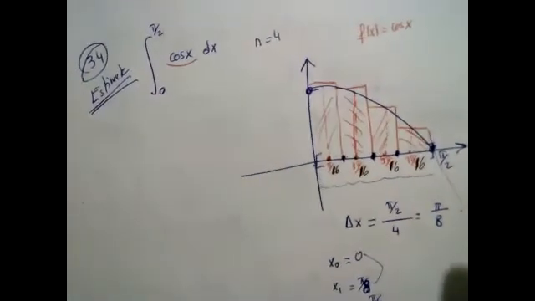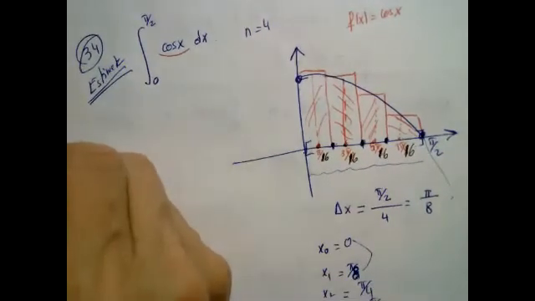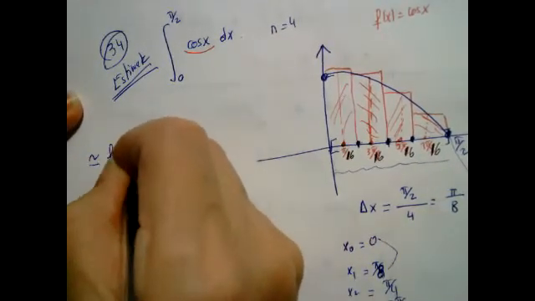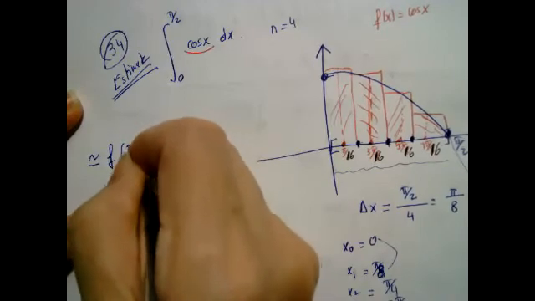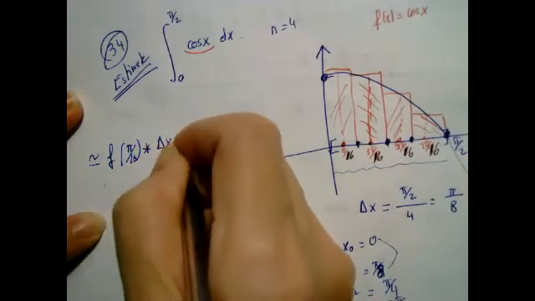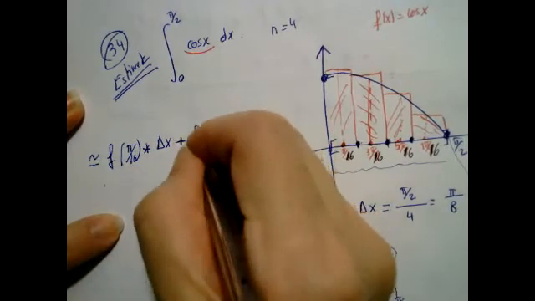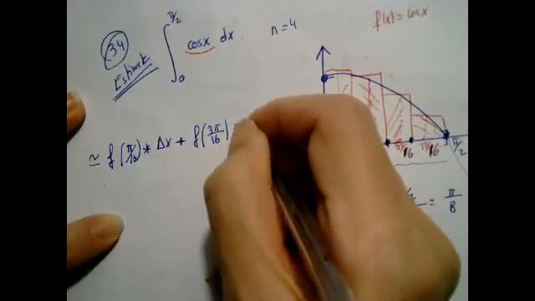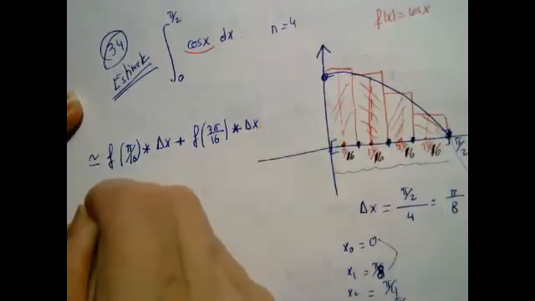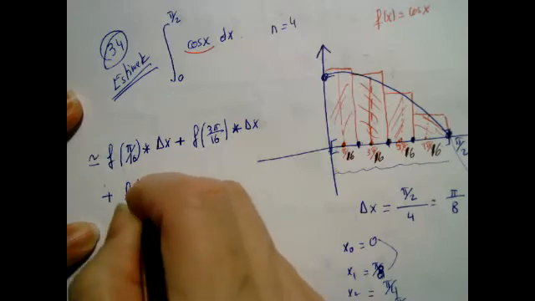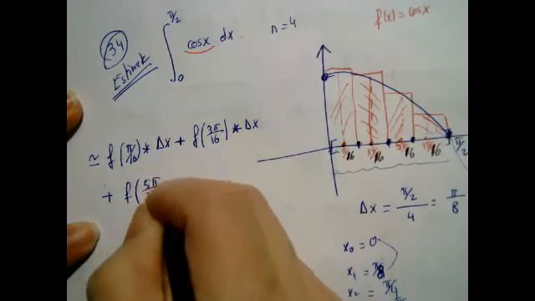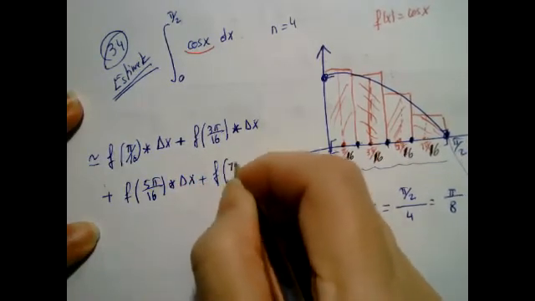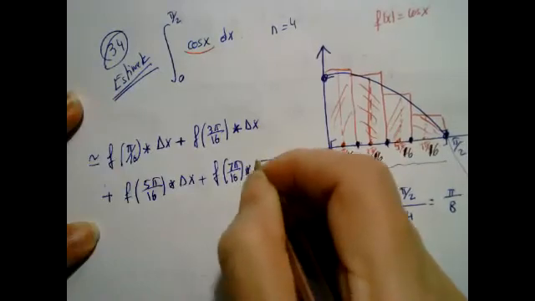And now what is the estimate? This is going to be approximately equal to, and that's an estimate, the value of the function at pi over 16 times the delta x, plus the value of the function at 3 pi over 16 times the delta x, plus the value of the function at 5 pi over 16 times the delta x, plus the value of the function at 7 pi over 16 times the delta x.